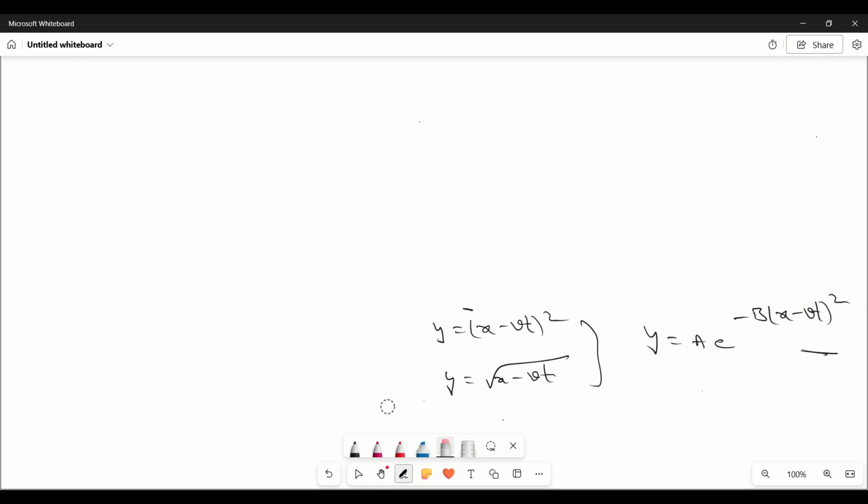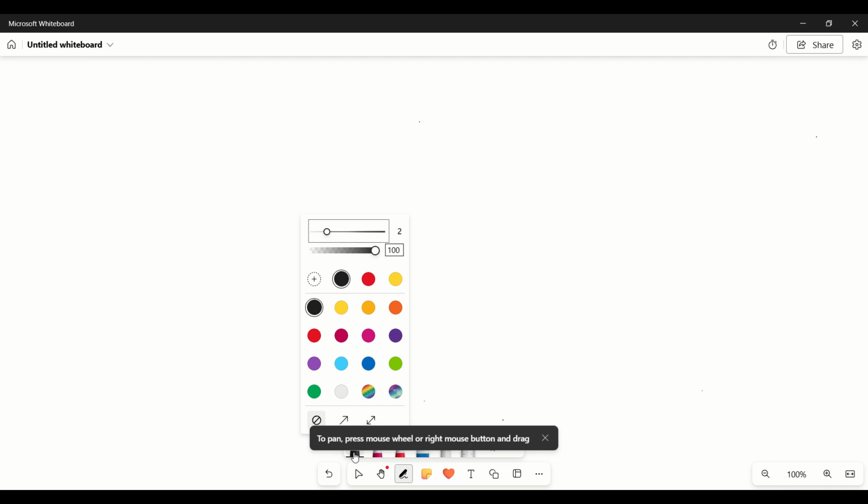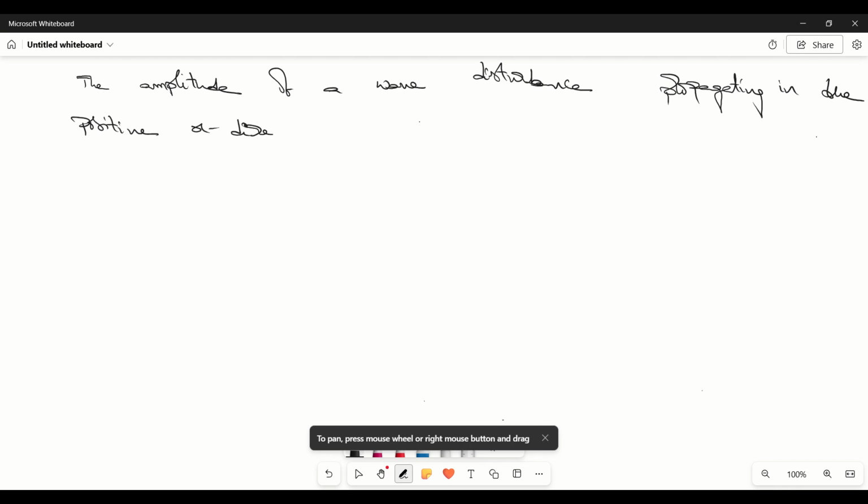Observe that the amplitude of a wave disturbance propagating in the positive x direction is given by y equal to 1 by 1 plus x square at t equal to 0, and y equal to 1 by 1 plus (x minus 1) whole square at t equal to 2 seconds, where x and y are in meters.